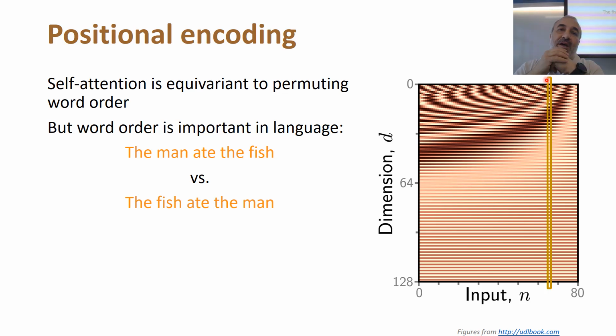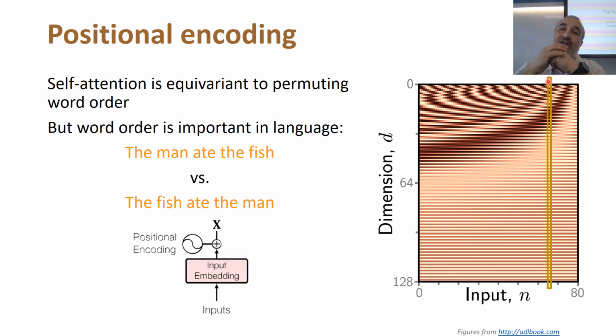This indicates the position of the word. Here we assume that we have 80 words, and the embedding vector dimension, the D parameter, is 64. So every positional vector is 64 numbers, and that's added to the actual embedding vector. So this is the input embedding.